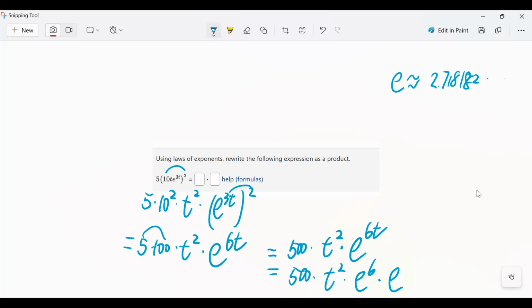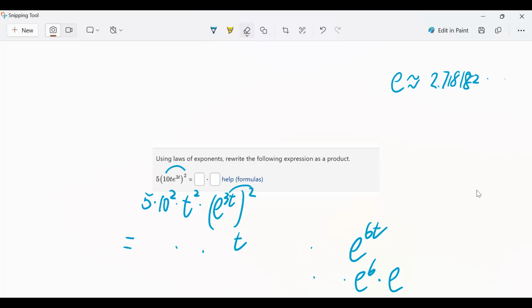So going back here, we need to redo this. We're going to treat e cubed as a constant. It is a constant, just not in numerical form. We're going to do this.